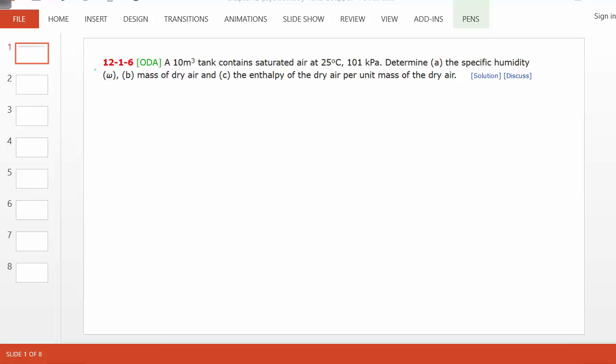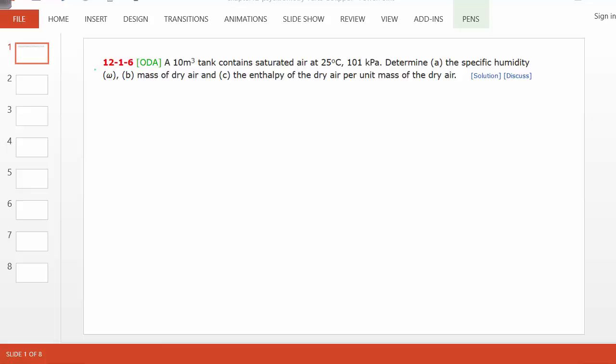Let's go and calculate the mass of dry air. To calculate mass of dry air, we can use PV equals m R T. So when we use this formula, we can obtain the mass of dry air as pressure of dry air times volume over RA times temperature.